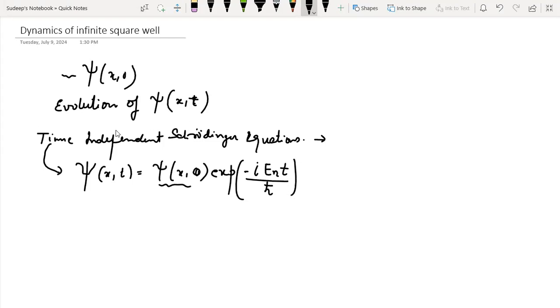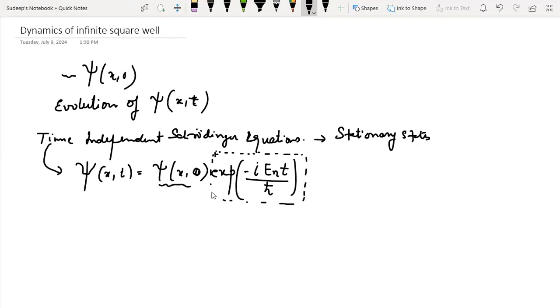So the stationary state solutions which I obtained from the time independent Schrodinger equation evolve with respect to time using this particular equation. You can see that the stationary state solutions only have this particular term as a time dependent term.